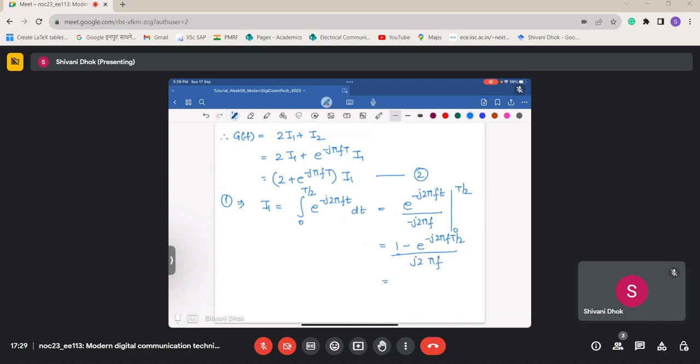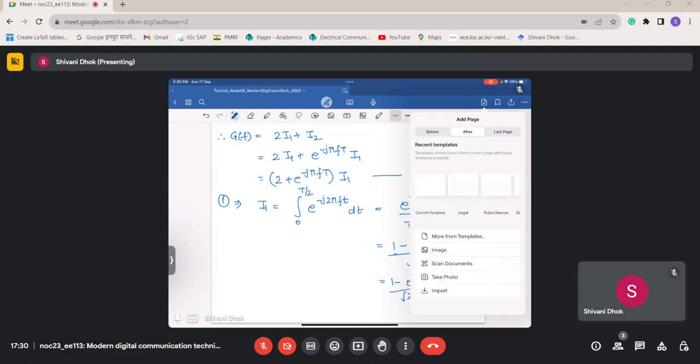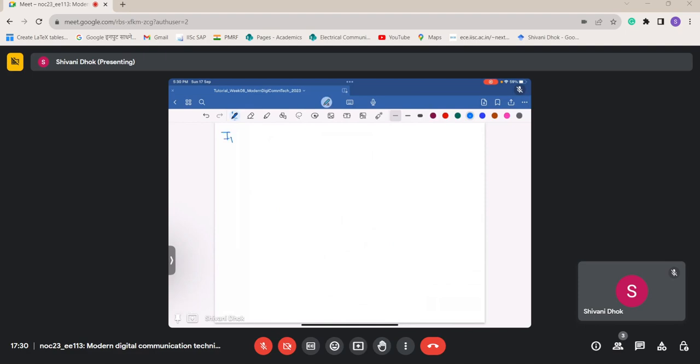So this comes out to be 1 minus e power minus j pi f capital T upon j 2 pi f. So what we are having is this I1 is simply 1 minus e power minus j pi f capital T upon 2j pi f.